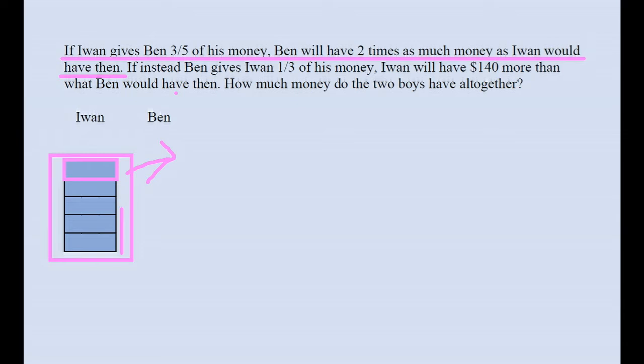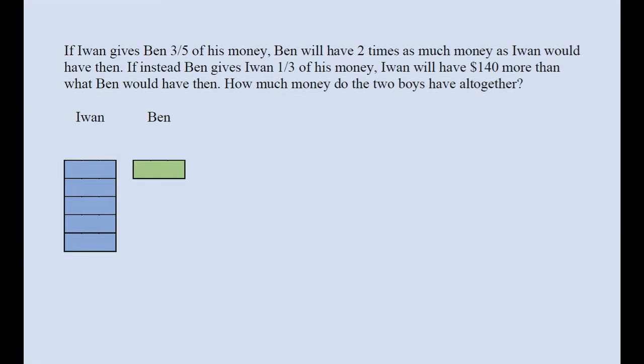Or at least that's one of the ways you can make this statement valid. So now I have assigned 1 chunk for Ben and 5 identical chunks for Ivan based on the first sentence of our problem.